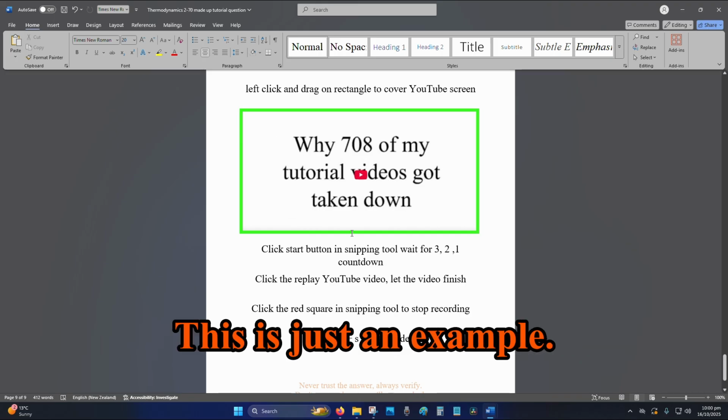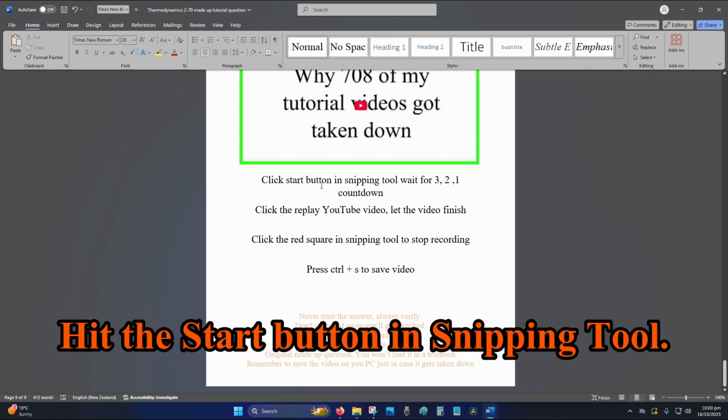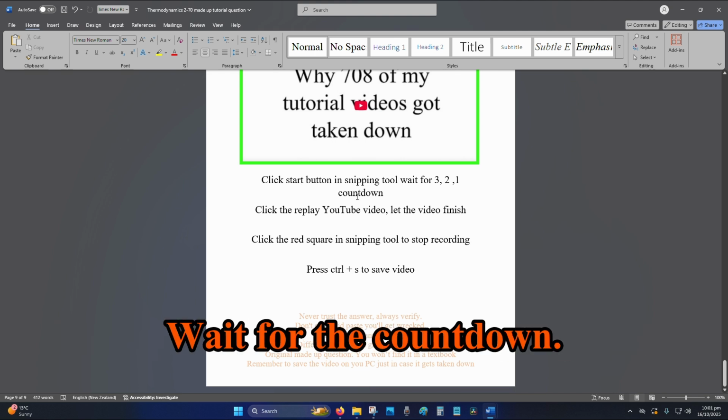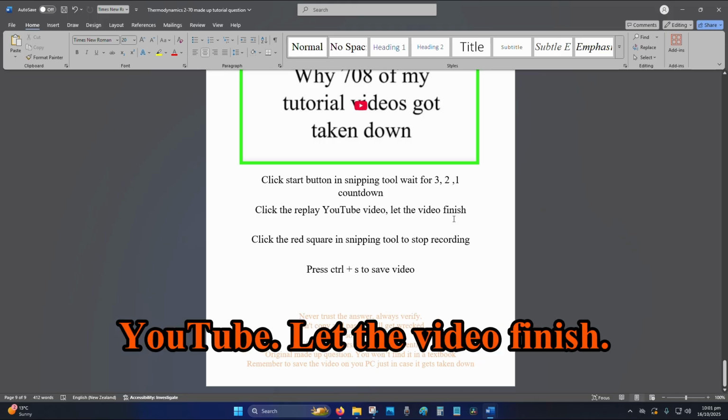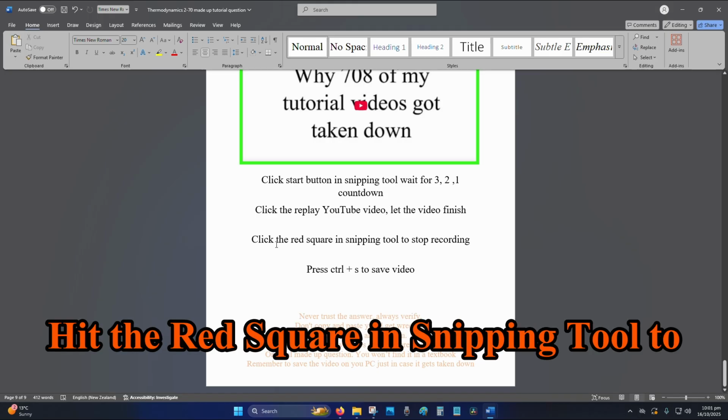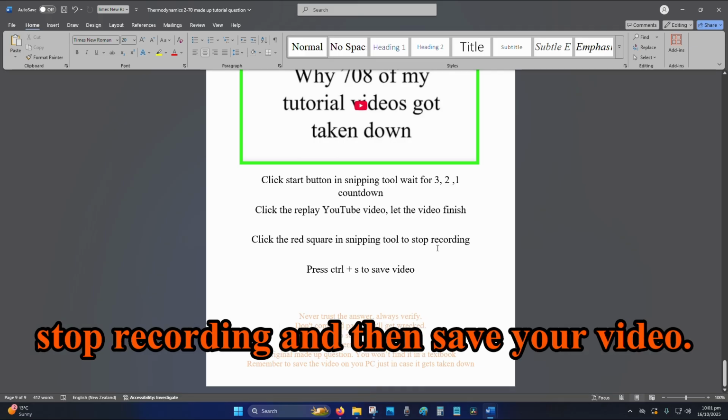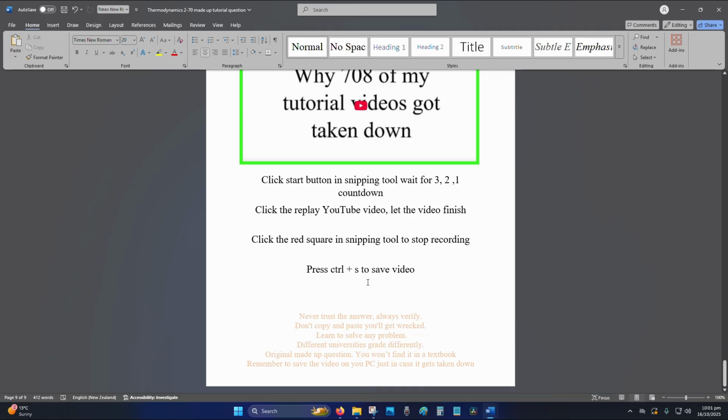This is just an example. Hit the start button in snipping tool, wait for the countdown. Hit the replay button on YouTube, let the video finish. Hit the red square in snipping tool to stop recording and then save your video.